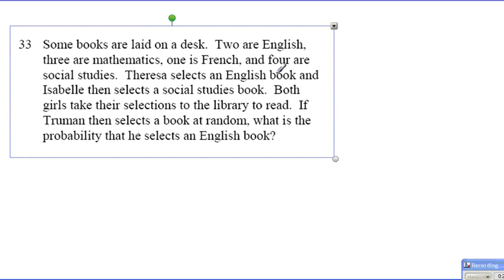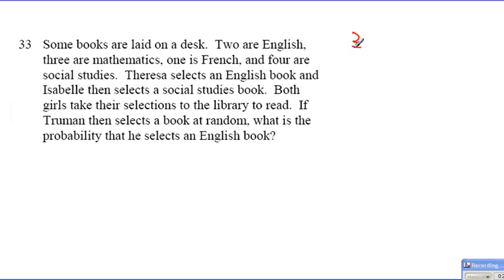Now, there are 2 English books, and then 3 mathematics books, and 1 French, and 4 social studies.